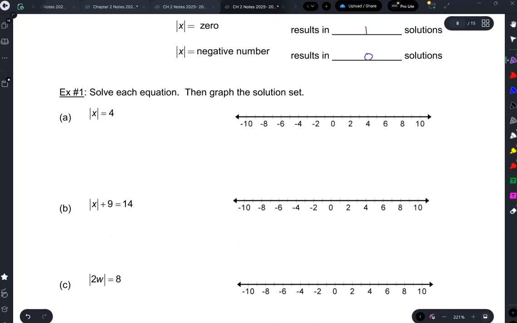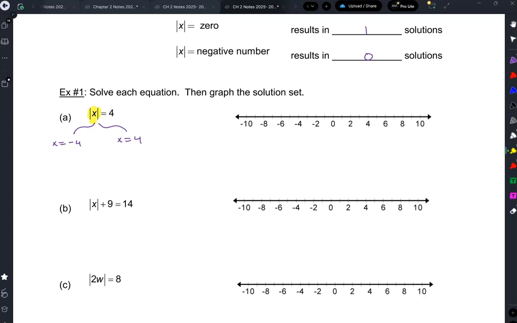Now let's take a look at this. We have to solve and then graph the solution set. Here I have absolute value of x equal to 4. First ask yourself, is the absolute value alone on its side of the equation? It is. So now I can split this and say x equals negative 4, x equals positive 4. When you have absolute value alone, you split it and 2 things happen.